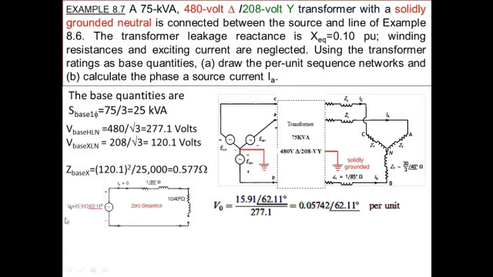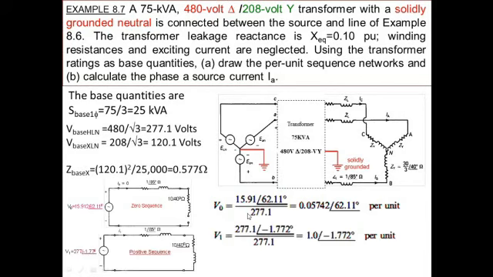This part we already derived, this network in example 8.6, the zero sequence network. We just convert these zero sequence values to per unit values by dividing by the V base. Similarly, this we already derived in example 8.6. Right now we divide it by the V base and change this value into per unit value.